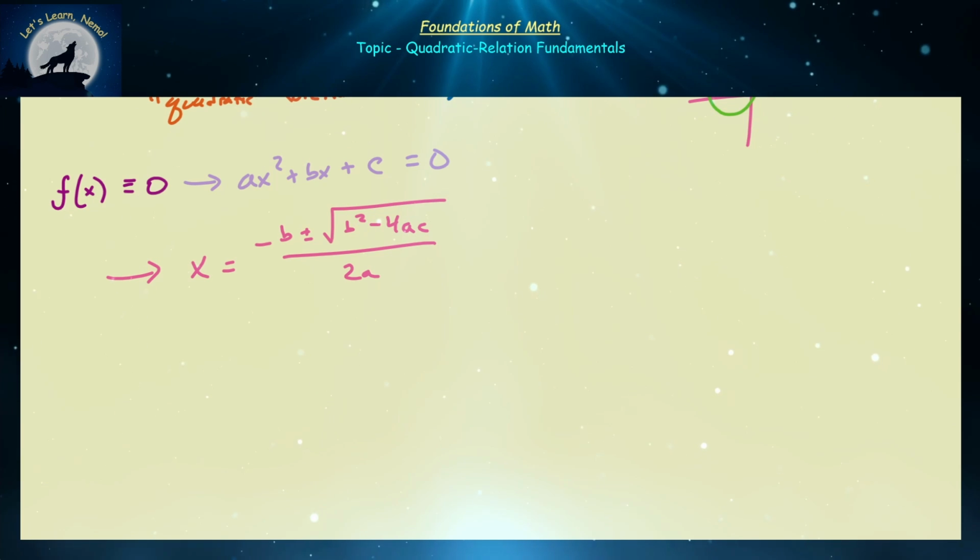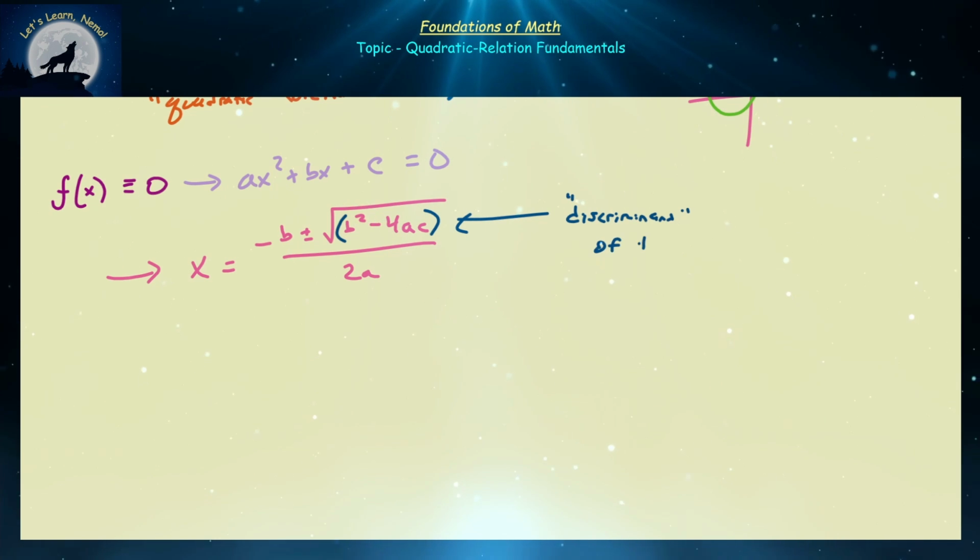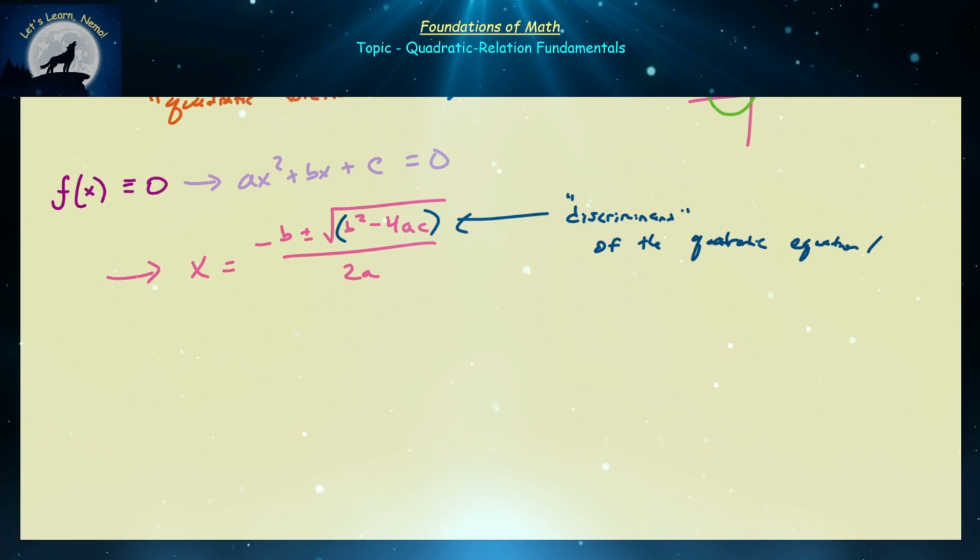This object, underneath the square root, is sometimes referred to as the discriminant of the quadratic function, or one could also say it's the discriminant of the quadratic equation. Depends on the context. Sometimes people will also represent the discriminant using capital letter delta, which kind of looks like a triangle.